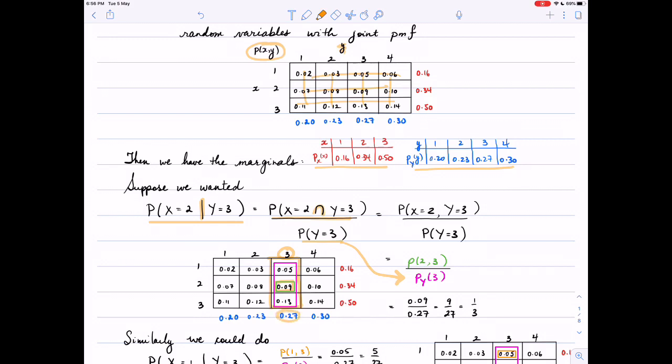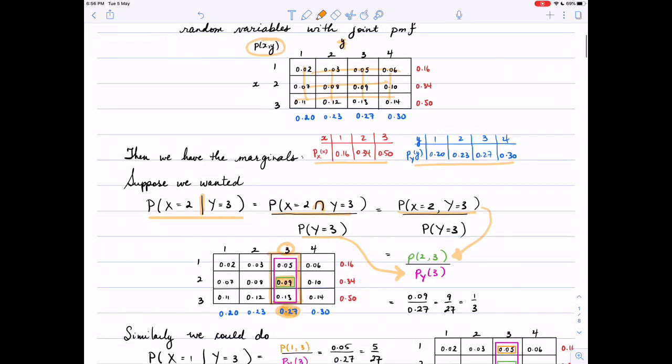That's exactly what we did. We added up that column, and that's the probability that y equals 3. The probability that x equals 2 and y equals 3, well, that's exactly what this table gives us, right? That is the PMF at 2, 3. And so that 0.09 is the numerator over the marginal value as the denominator. And so we get that probability as 1/3.